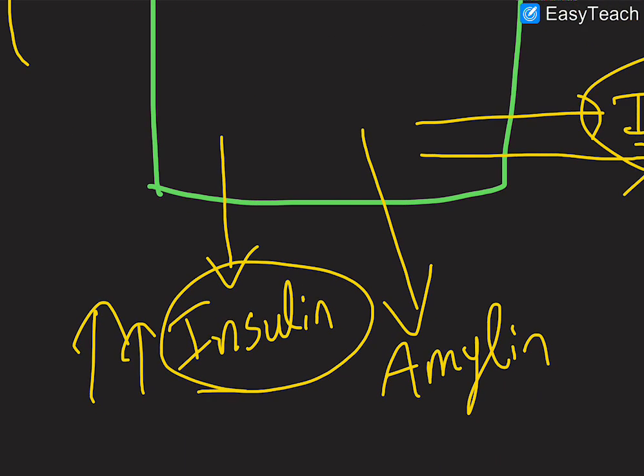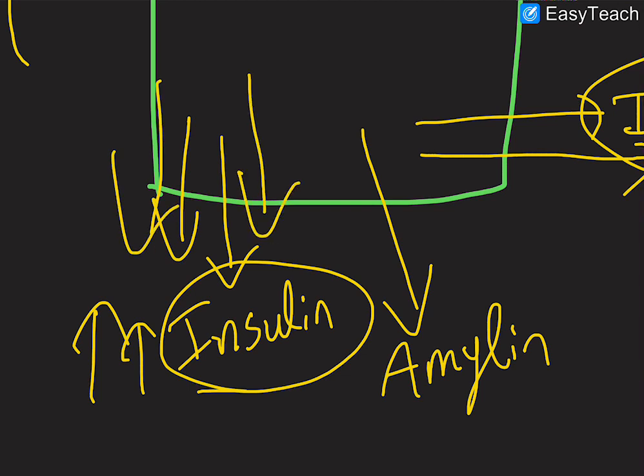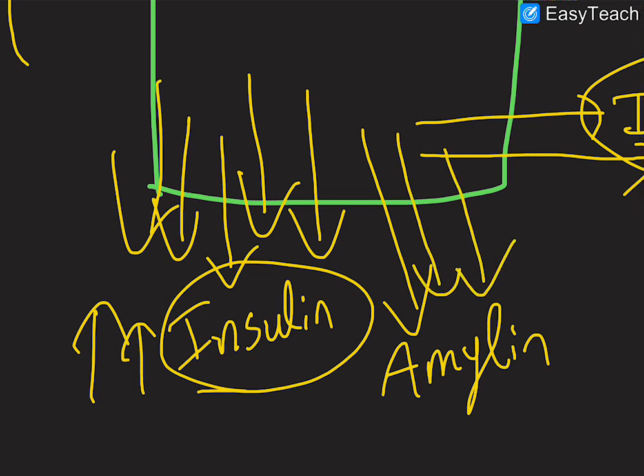So your beta cells start secreting a bunch of insulin, all right? And soon, of course, your beta cells tire out. And remember, every time the beta cells secrete insulin, you secrete amylin. So then you also secrete a bunch of amylin, right?